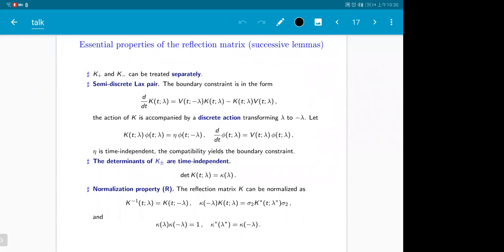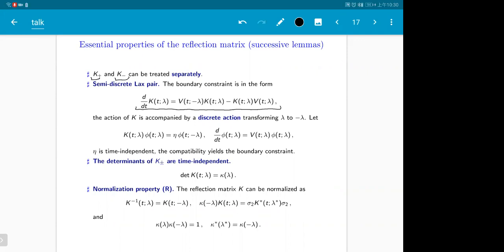There are some essential properties of the reflection matrix. The two reflection matrices can be treated separately because they are defined at two different locations. The gauge type transformation for the K matrix can be thought of as a semi-discrete type Lax pair.